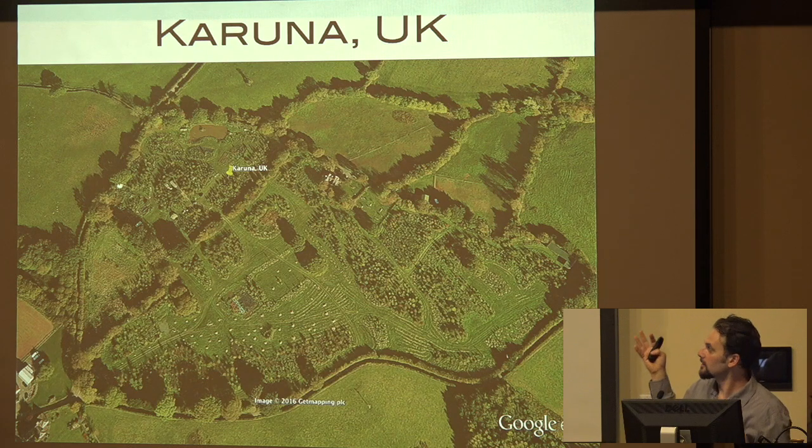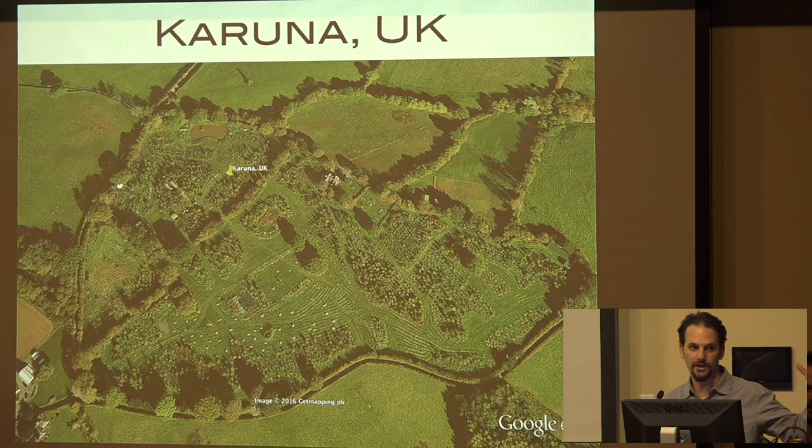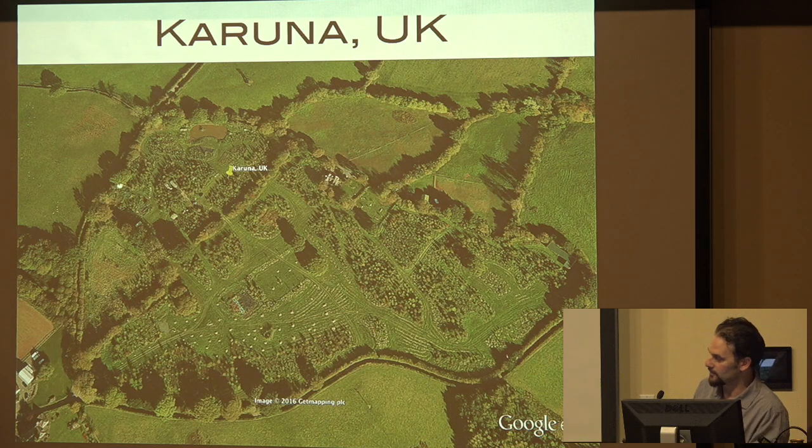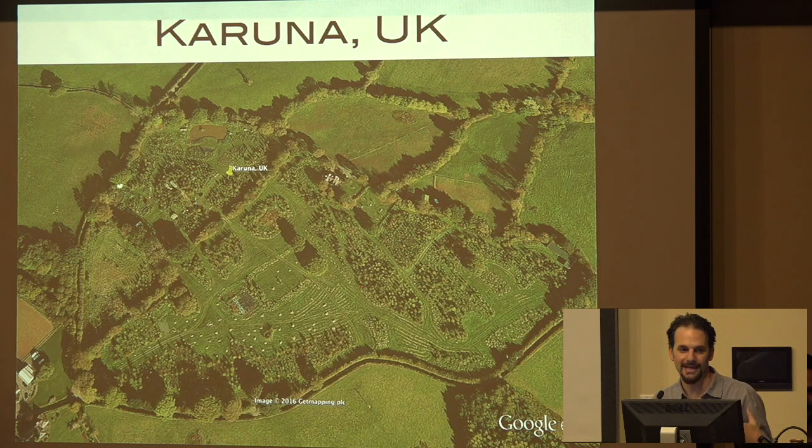So you go to a place like the UK where the property divisions are old, and we have more of a geomorphic design base to work within. So here they're just taking their existing plot here and then creating basically perennially based systems. So perennial plants as the main structural piece.